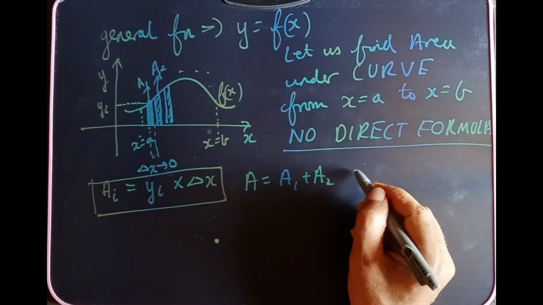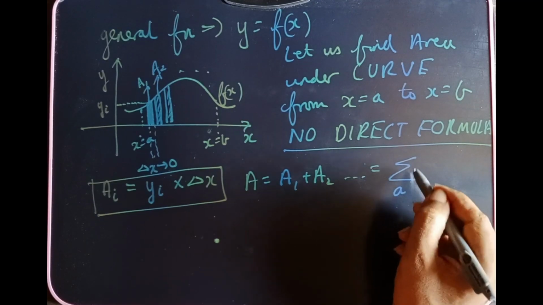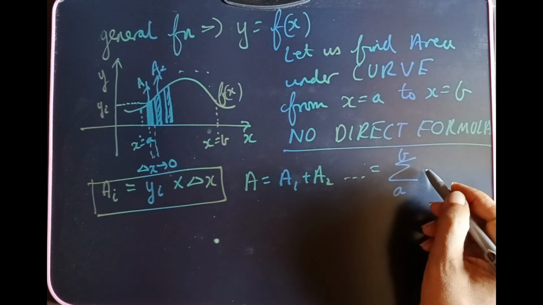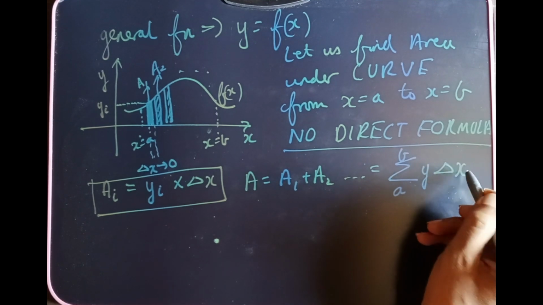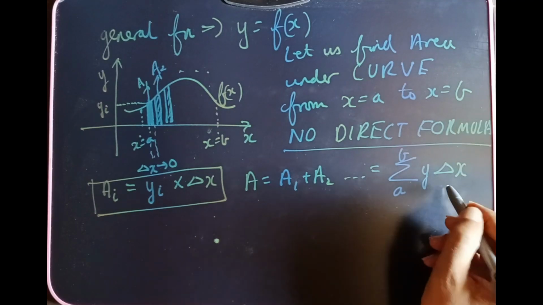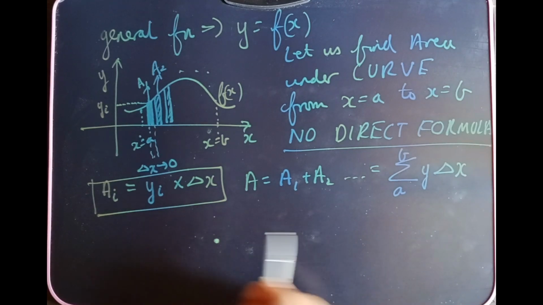You can write this finally as a summation from a to b of all the areas of the rectangles, y delta x. Here delta x is tending to 0, which gives a better approximation.